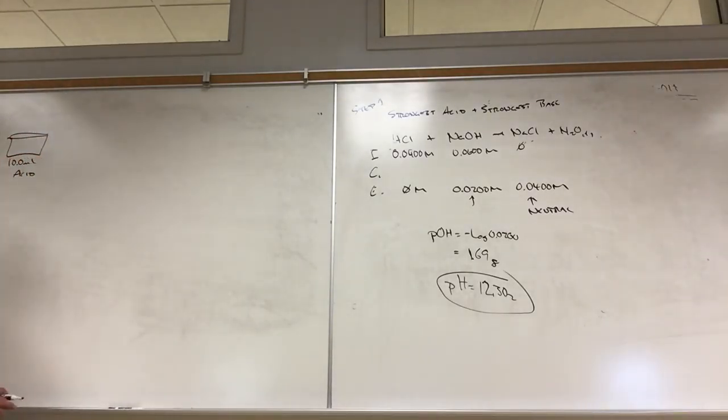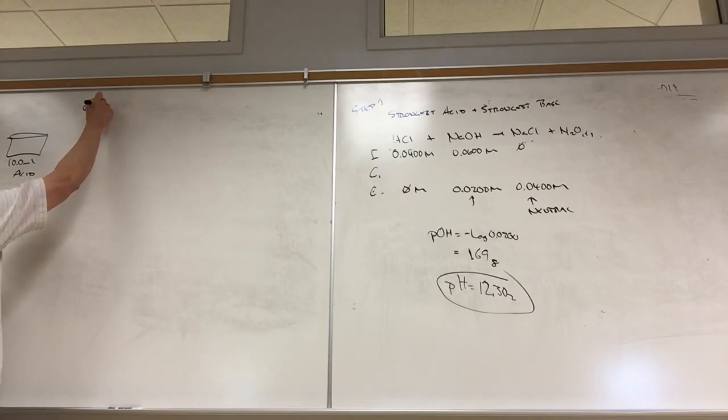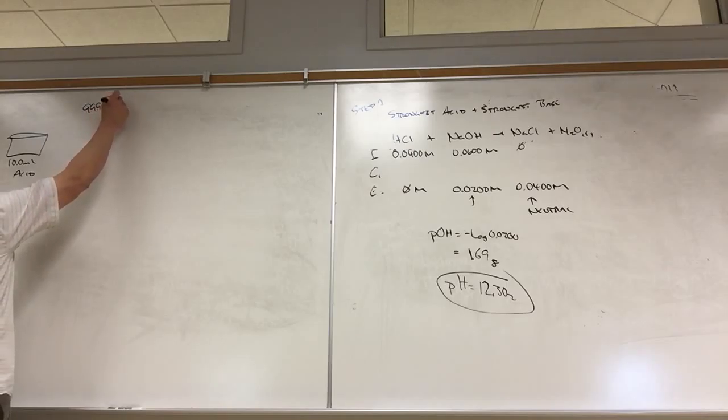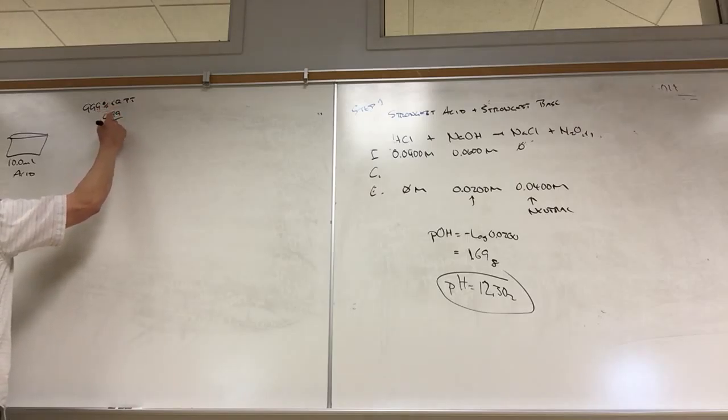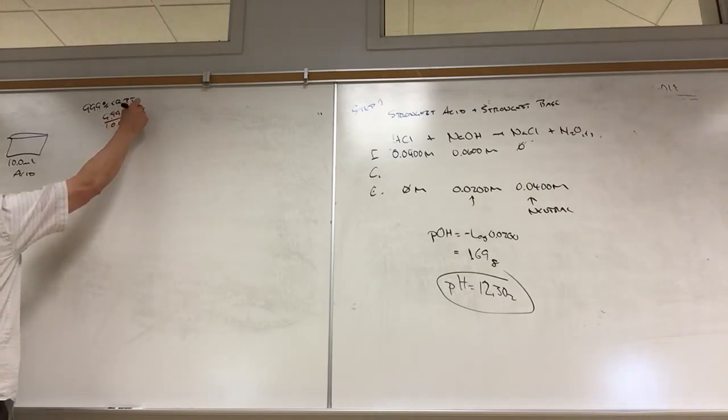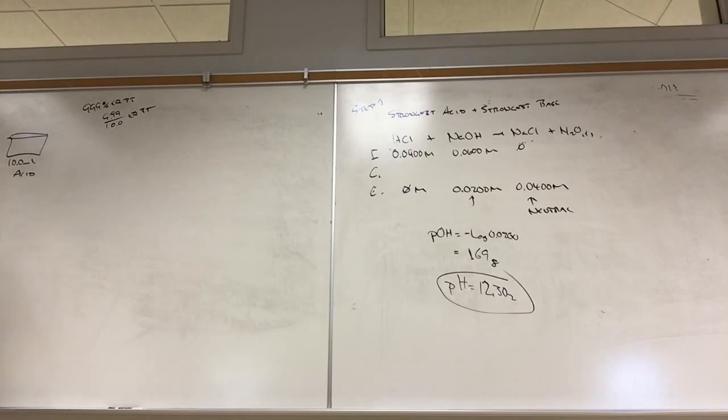We could map out more. And so the next point we had was what we call the 99.9% equivalence point. Or in other words, it's the 9.99 out of 10.0 equivalence point. And so we've neutralized 99.9% of our acid at this point.